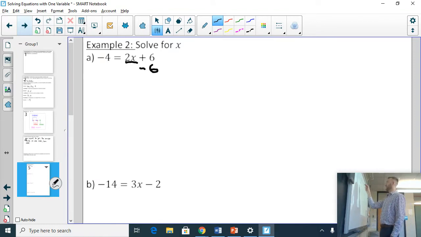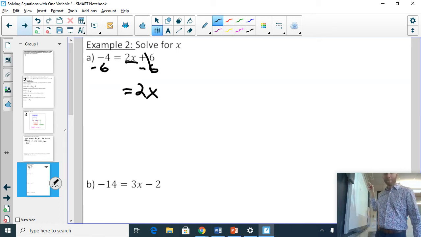So when I minus 6 on this side, I also have to minus 6 on that side. And so the plus 6 and the minus 6 are going to cancel out. And I'm going to be left with 2x on that side. And then I'm going to have minus 4 minus 6, which is going to be minus 10, right?